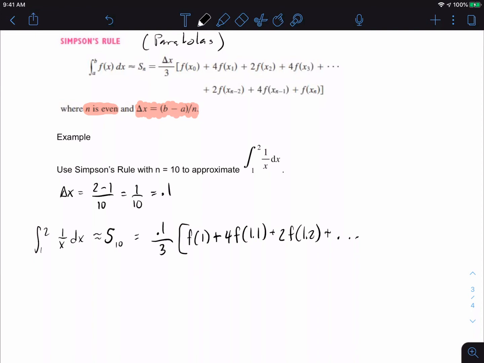Then f of 8 would be 2, then 4 for f of 1.9, and then f of 2. Do you guys see how I got that? Yes. And it's kind of a giveaway, to be honest. The last two are always going to go 2, 4, 1. Just as this goes 1, 4, 2, this will go 2, 4, 1, depending on the number of n's, right?